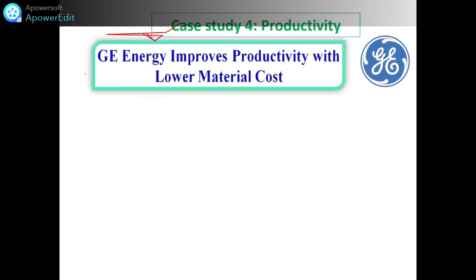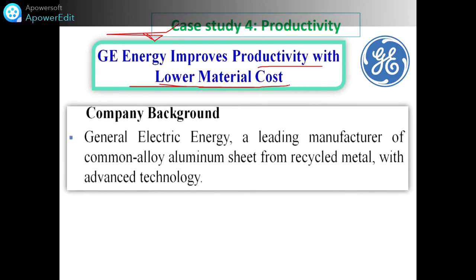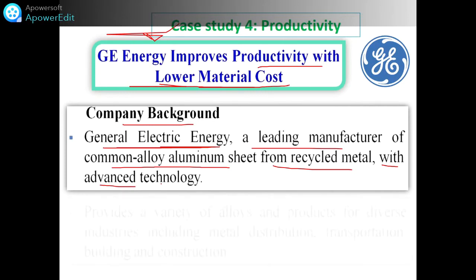So friends, GE, General Electric Energy, improves productivity with lower material cost. How? Company background: General Electric Energy is a leading manufacturer of common alloy aluminum sheet from recycled metal with advanced technology.